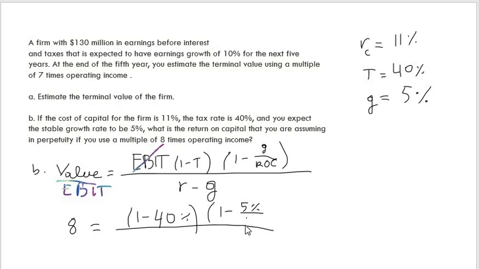ROC is what I'm looking for. It's the variable that I'm solving for. And we have R, the cost of capital, which I have as 11%, minus G, which is 5%.